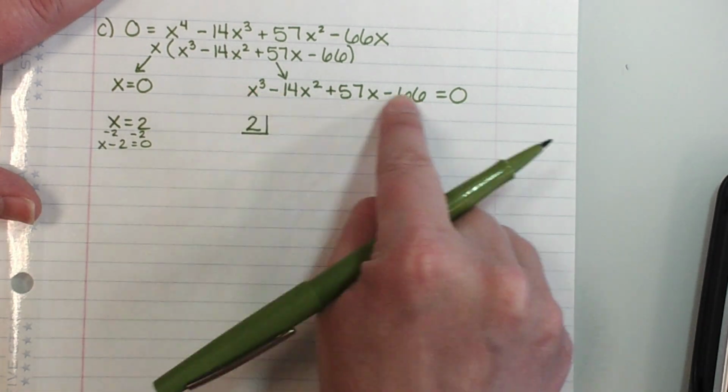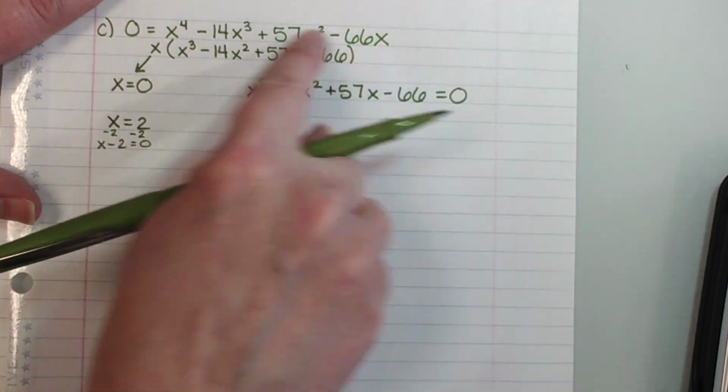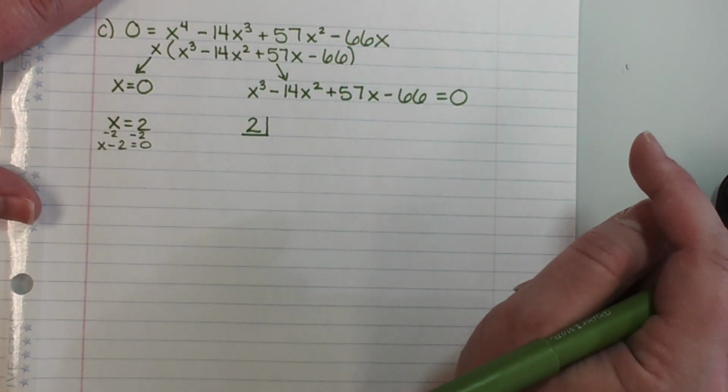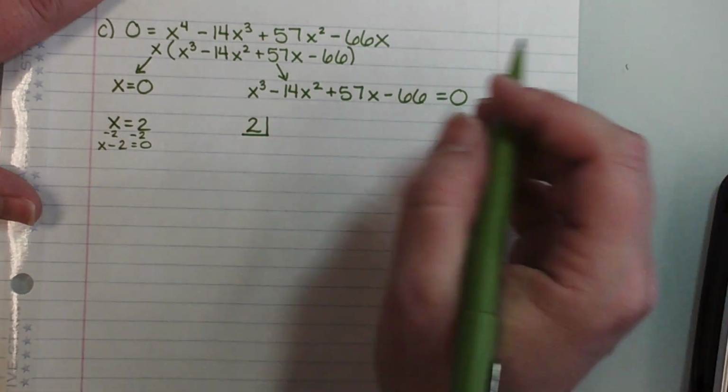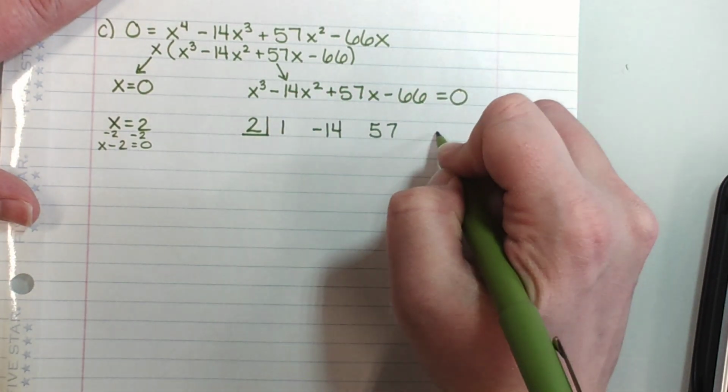I recommend you divide this one by that factor. If you do that one, you can do it, but when you're going to factor it out, it's going to make you factor out the x later. So you might as well go to this one. 1, negative 14, 57, negative 66.